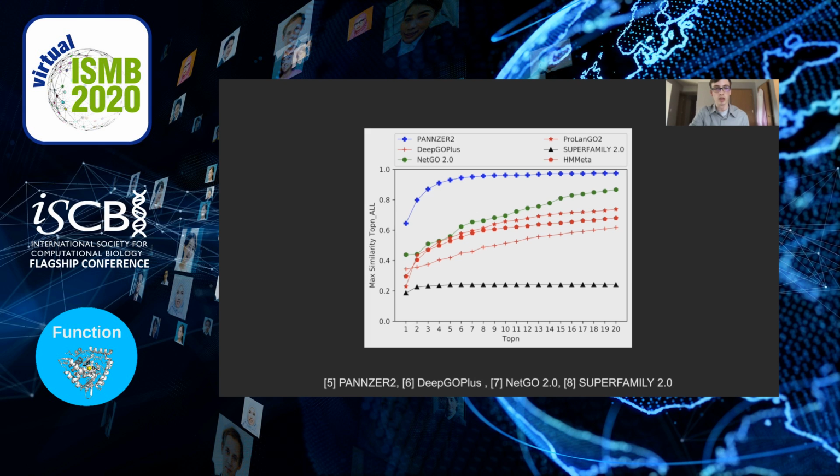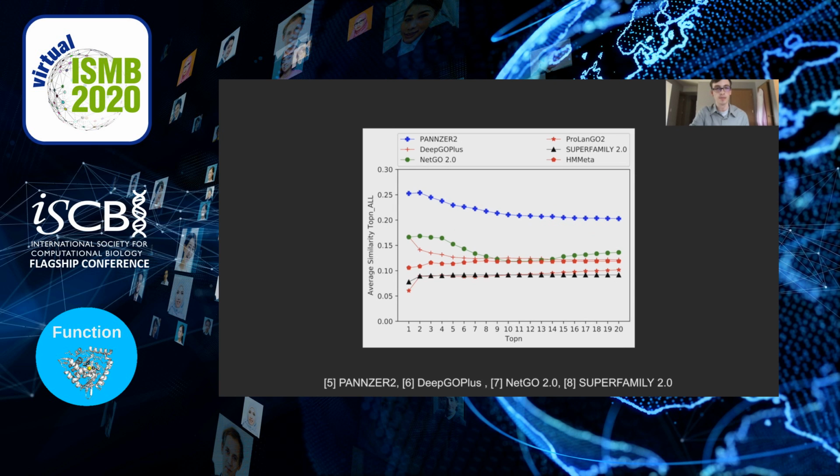And with the pluses, we have DeepGO Plus. Down in the black, we have SuperFamily 2, which is an information-based method. And as you can see, Prolango II performs very well in the maximum similarity for sequence-based methods, but can use a bit of work to catch up to the network-based and similarity-based methods.